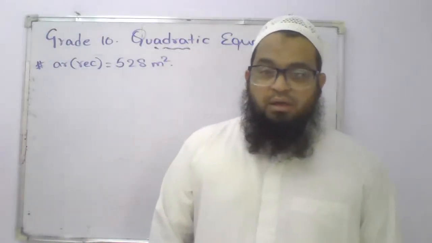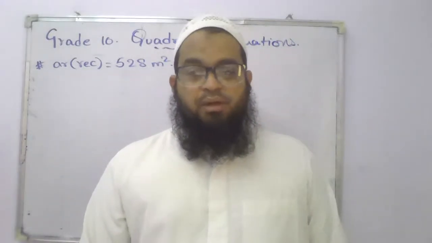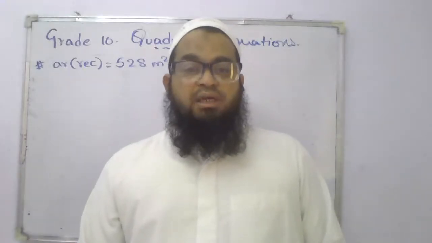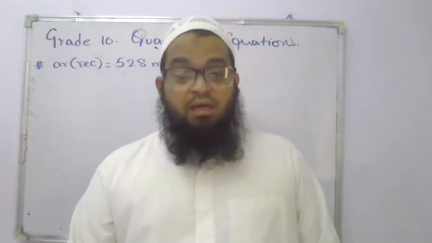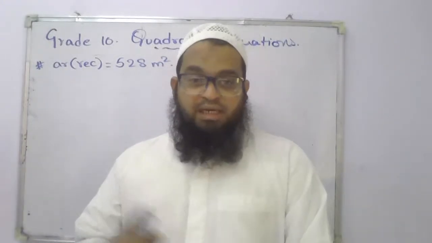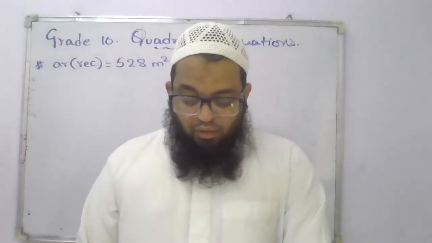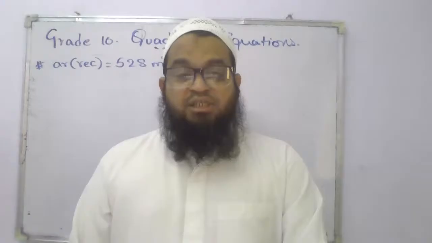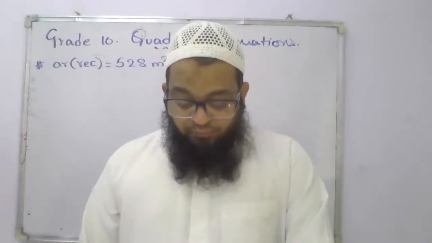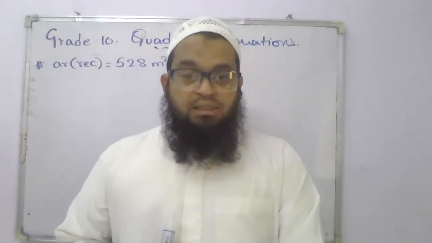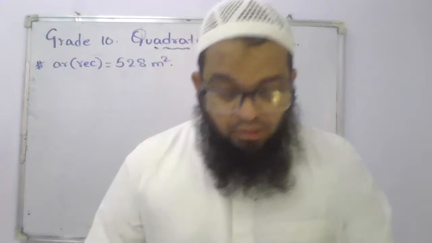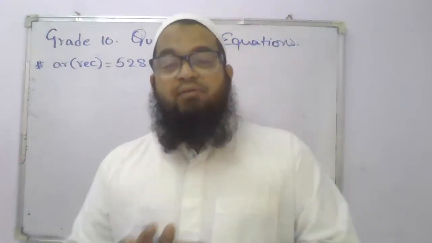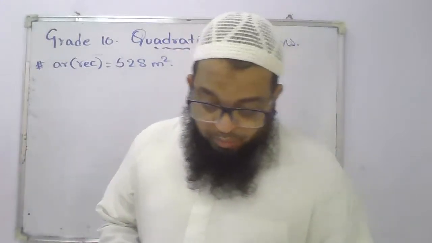You can chat here. Now, the area of the rectangle is equal to 528 meter square. So what is the next sentence given? The length of the plot is one more than twice its breadth. So what did he give? Here he has given the relation. How do you do it, my dear students?